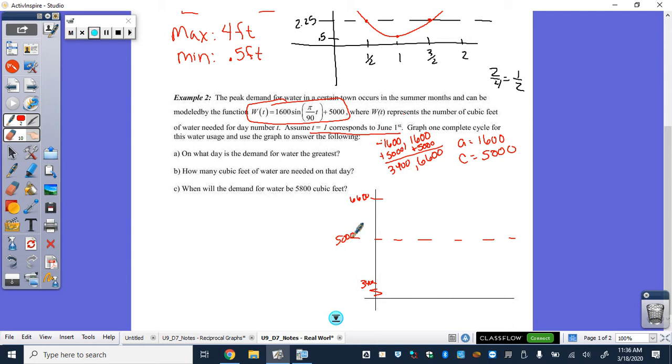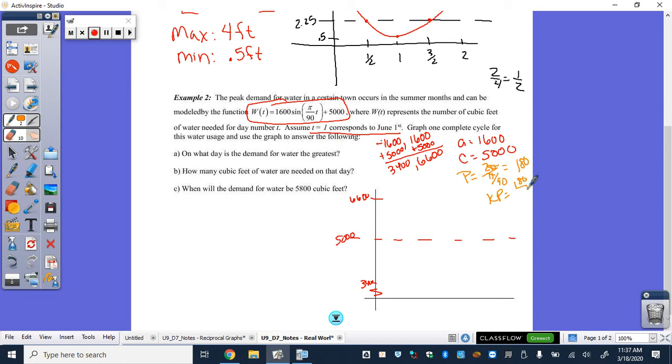Other things we need to figure out in order to be able to make our curve would be our period. So period is going to be 2 pi over b, which is pi over 90. Do our keep change flip and we get a period of 180.